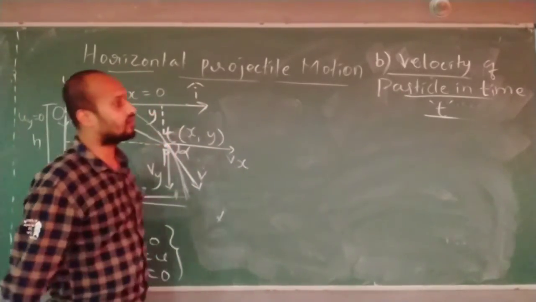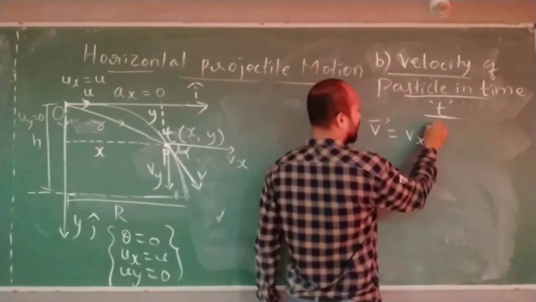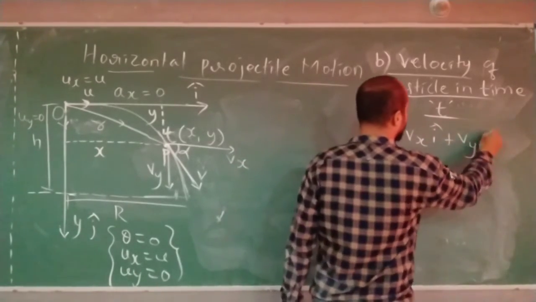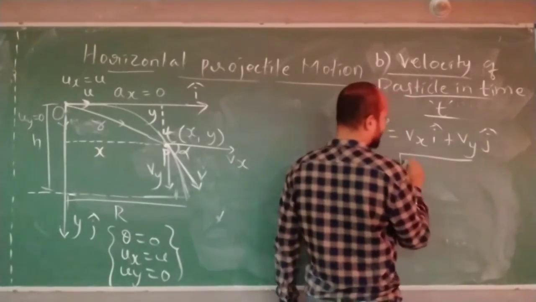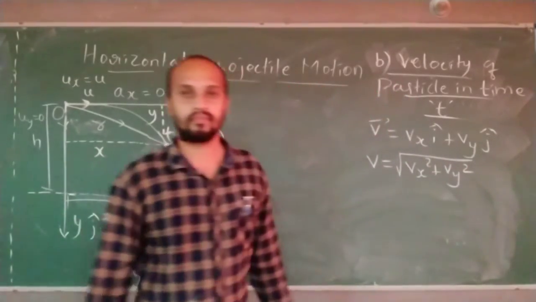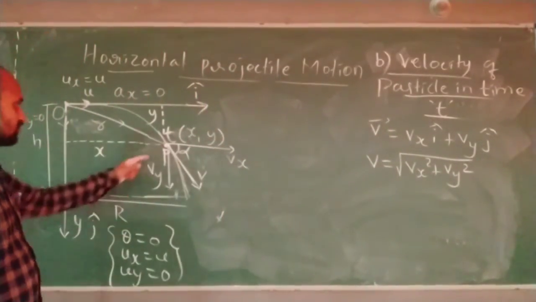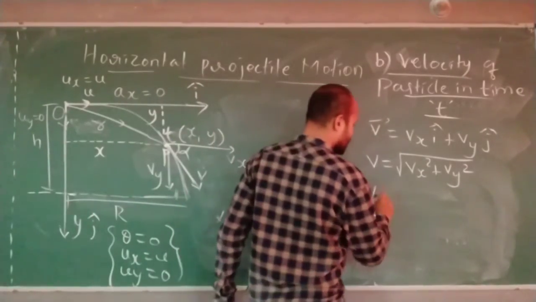What is its velocity? Vector V can be written as Vx i cap plus Vy j cap, and the magnitude is root of Vx square plus Vy square. What is Vx here?